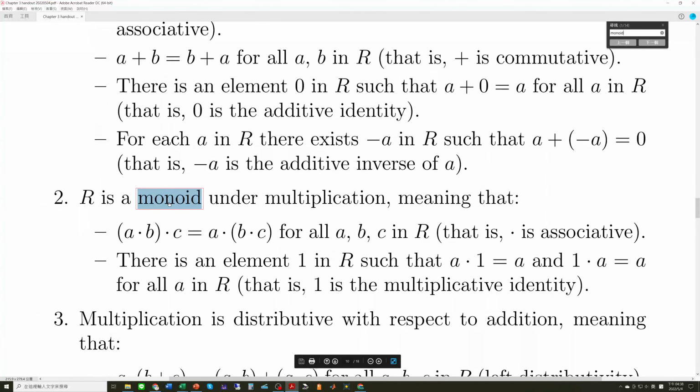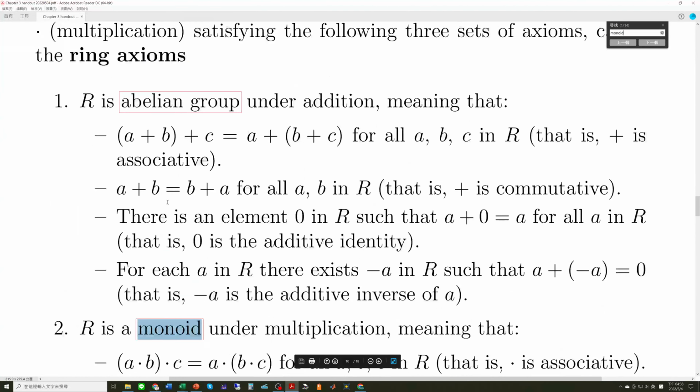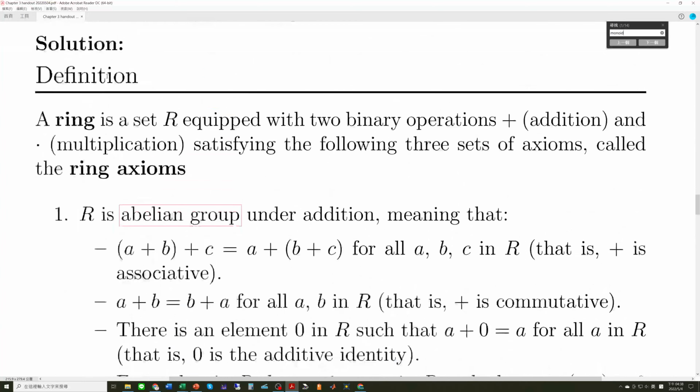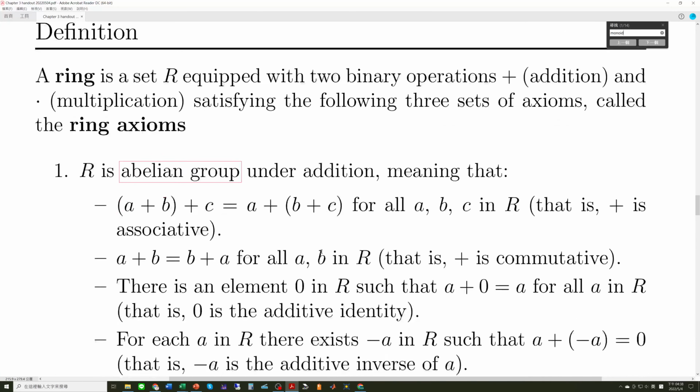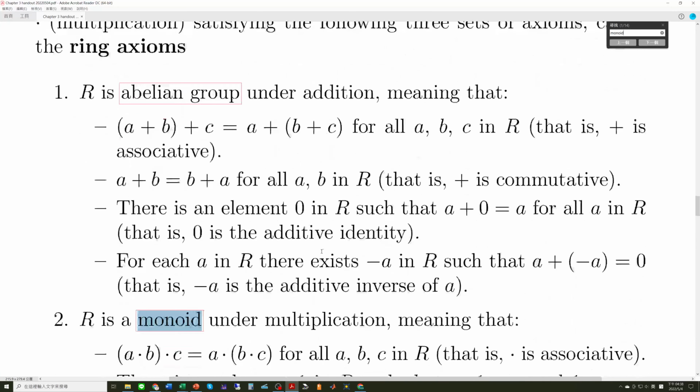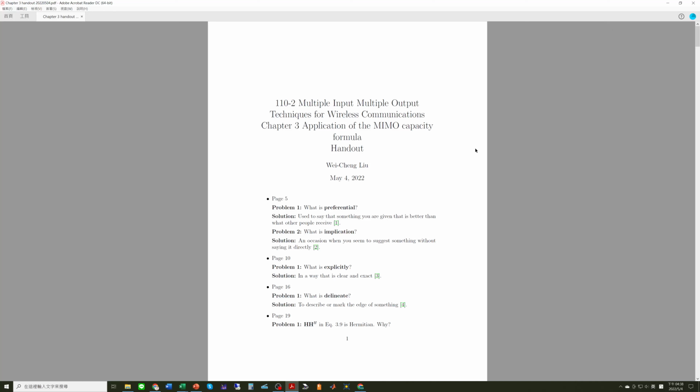Because a monoid appears in the solution to problem 11, what is a ring? So let us go to monoid. Oh, sorry, I did not establish the link. I will fix this problem later. Okay, monoid.